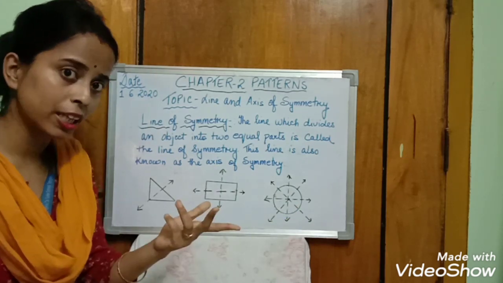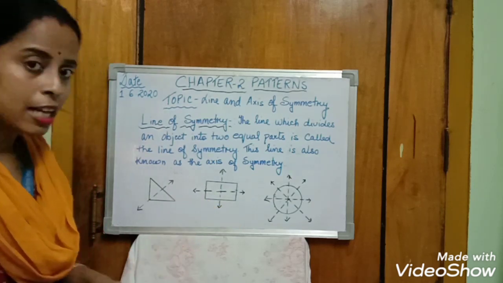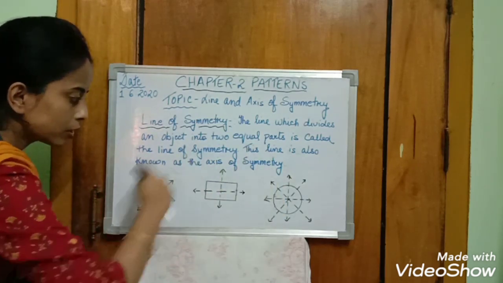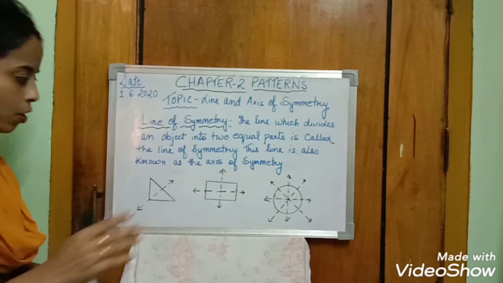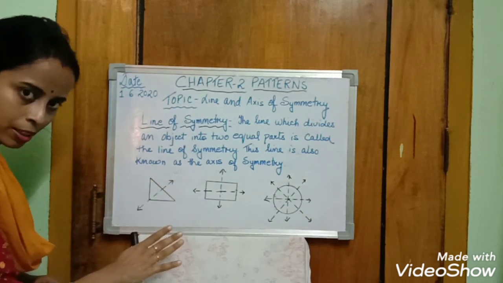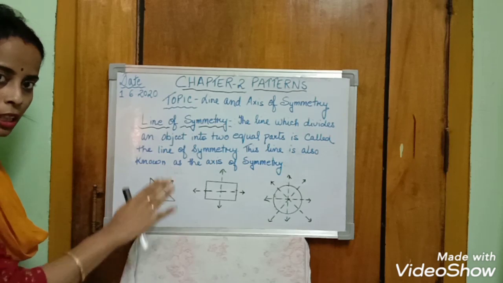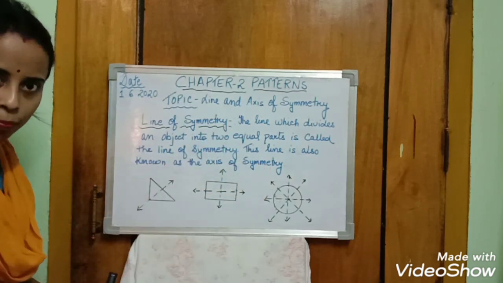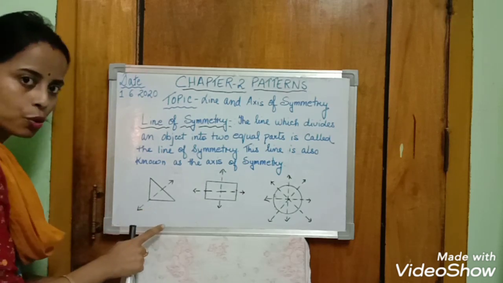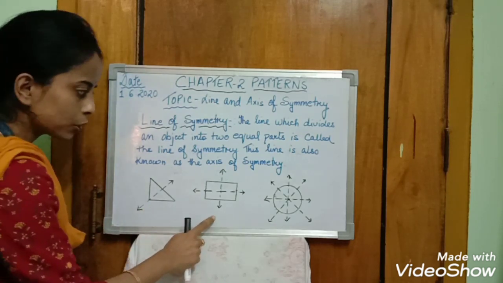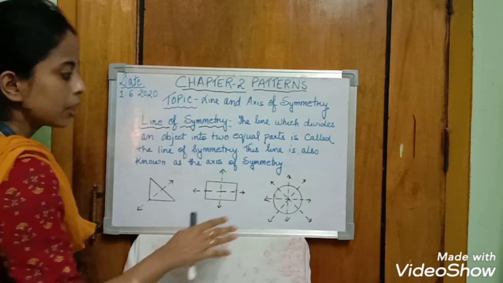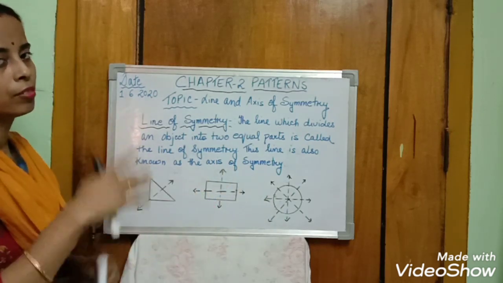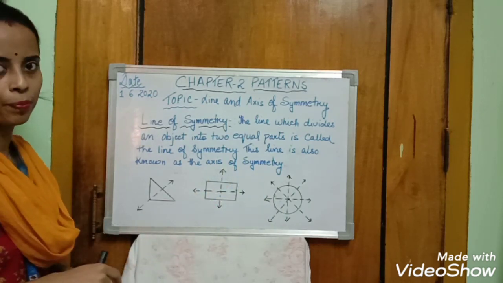Multi means many. These three figures show different types of symmetry: the triangle shows one line symmetry, the rectangle shows two line symmetry, and the circle shows multi-line symmetry.